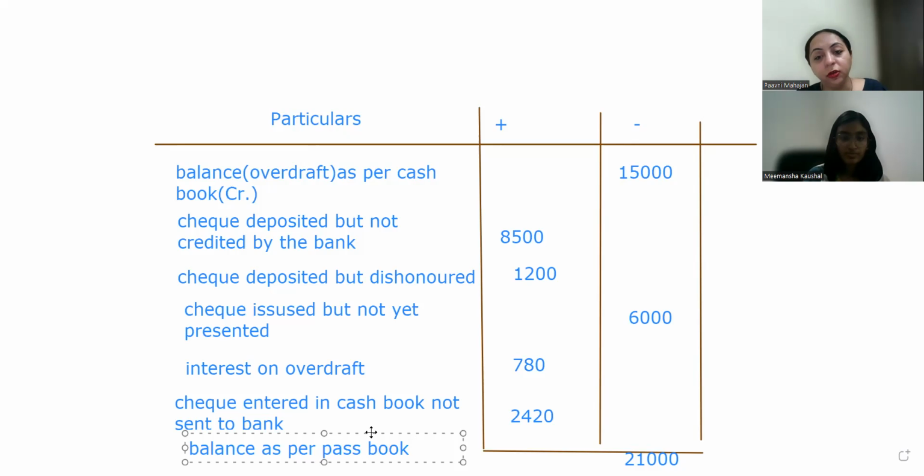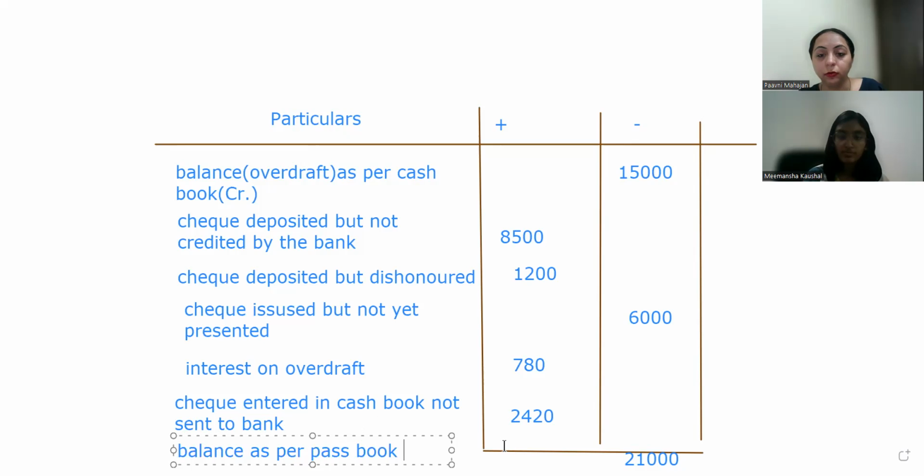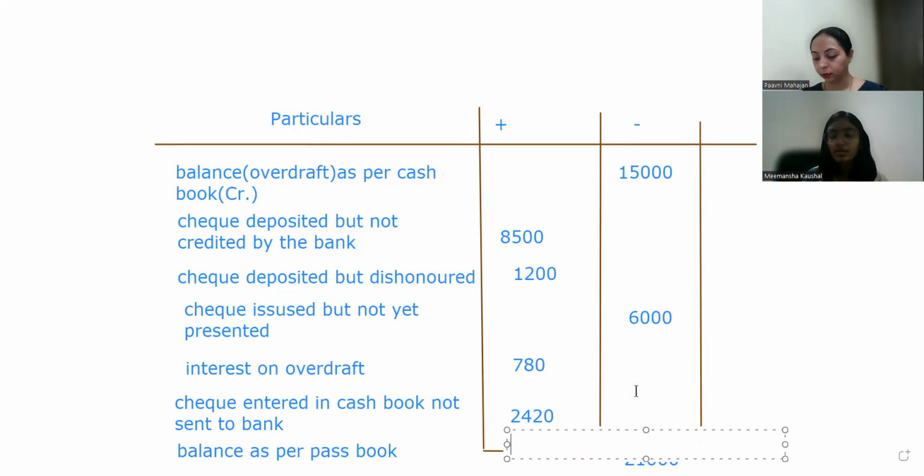What you have to do is add all this amount to 15,000 and deduct 6,000. How much is 8,500, 1,200, 780 and 2,420? 12900. Add this to 15,000.